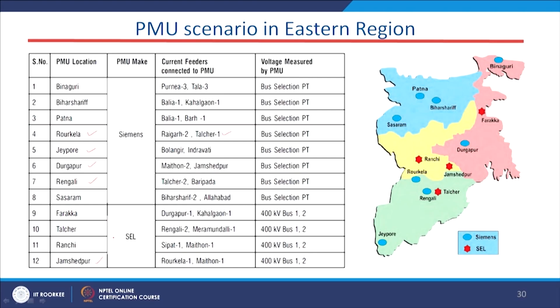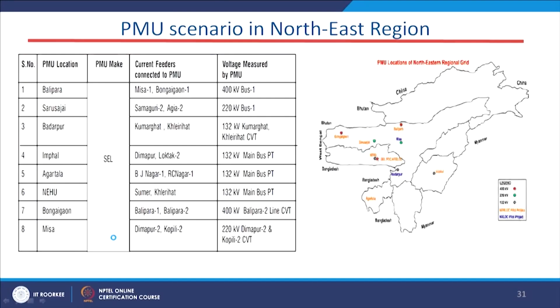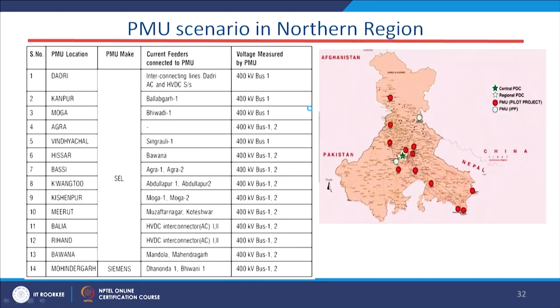These are the places where we have PMU connections in the eastern region. Similarly, we have PMU connections in the northeast region, and this is for the northern region: Dadri, Kanpur and Agra. These are the places where we have PMUs at the 400 kV bus system.